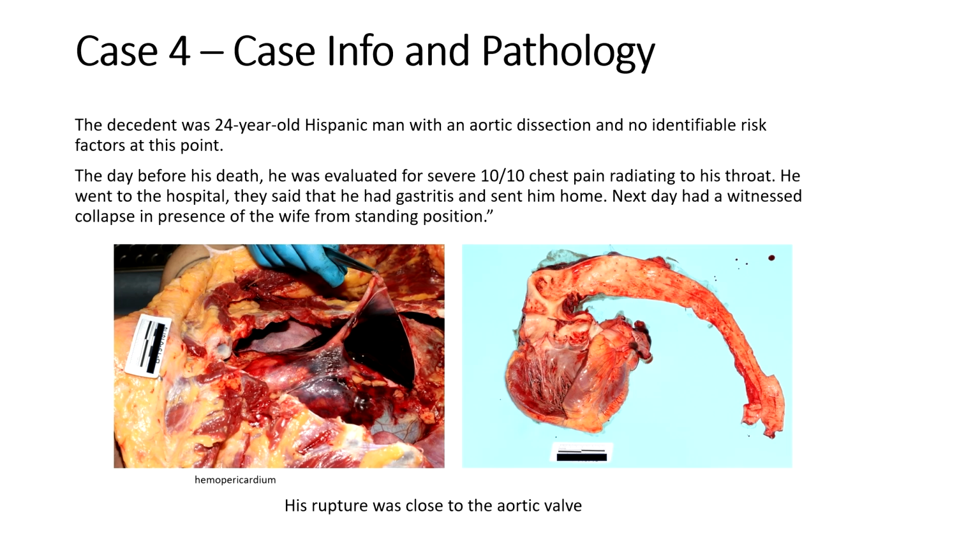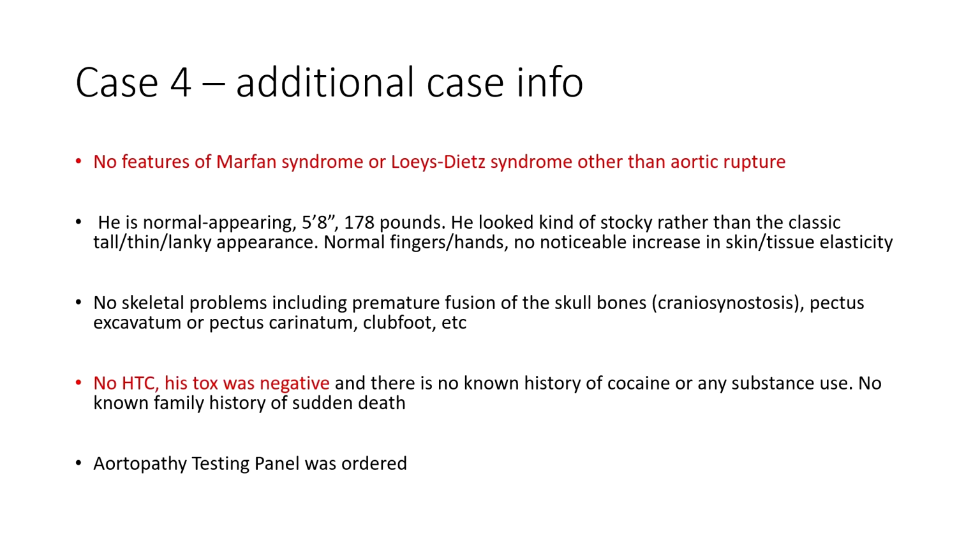The decedent had no features of Marfan syndrome or Loeys-Dietz syndrome other than the thoracic aortic dissection. He had a normal appearance. He looked kind of storky rather than the classic lanky appearance. Normal fingers and hands.